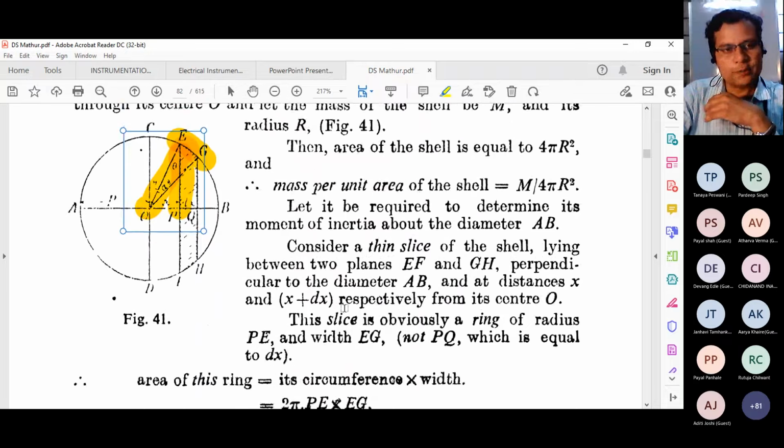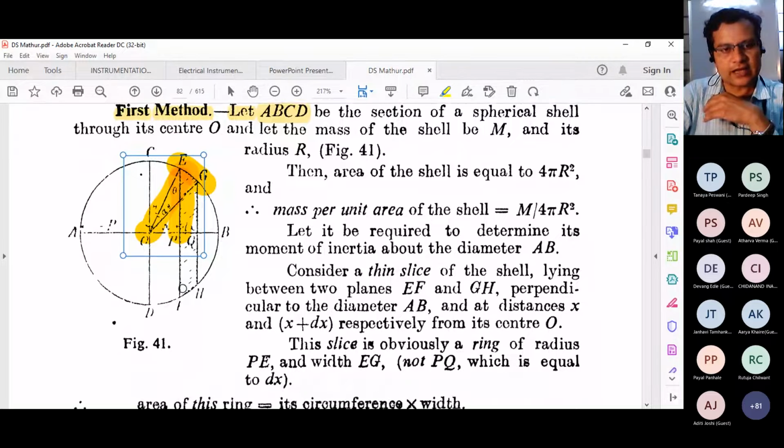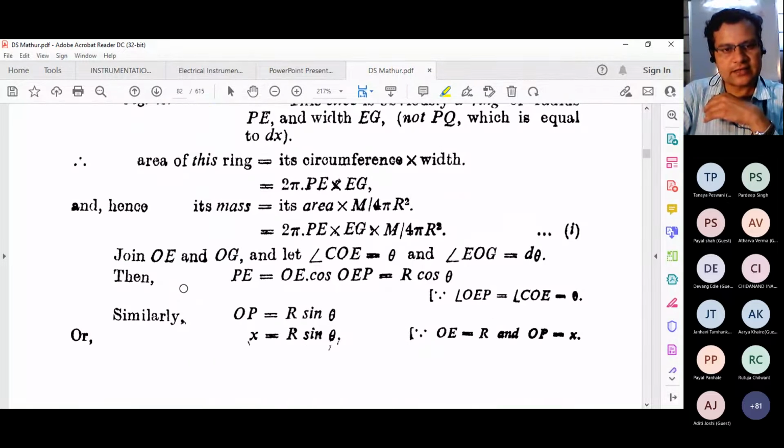This is geometry. And OP is what? Again, if I want to draw the perpendicular OP, that becomes R sine theta. If I take sine of theta, then it's just OP upon R, right?